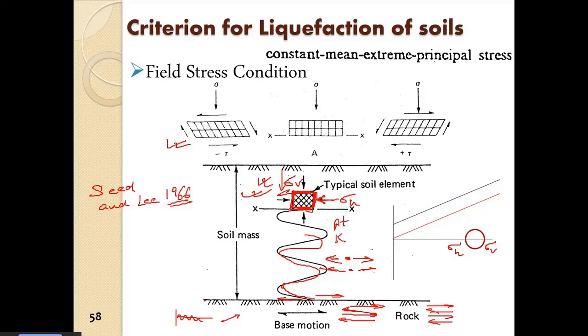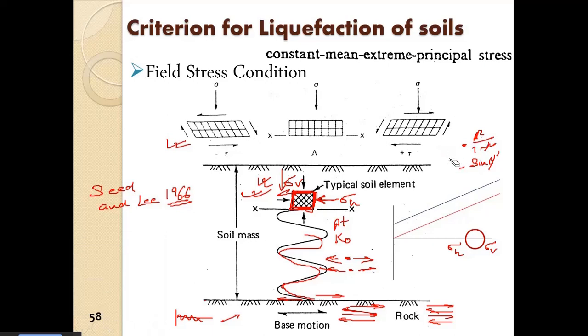So we can say it is k naught. k naught we know is mu by 1 minus mu, or 1 minus sine of phi dash. So various values of k naught are there.